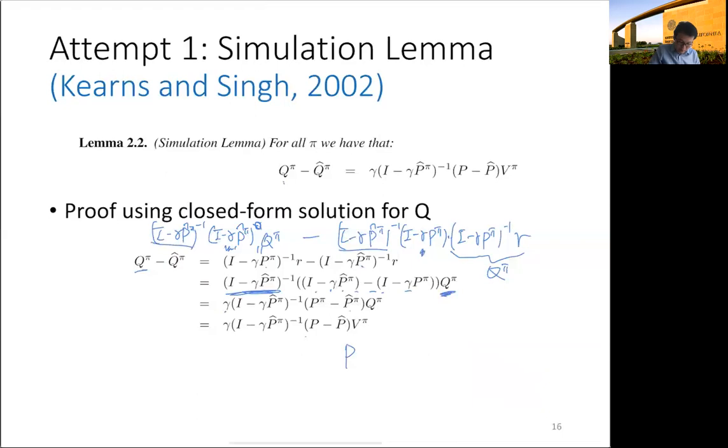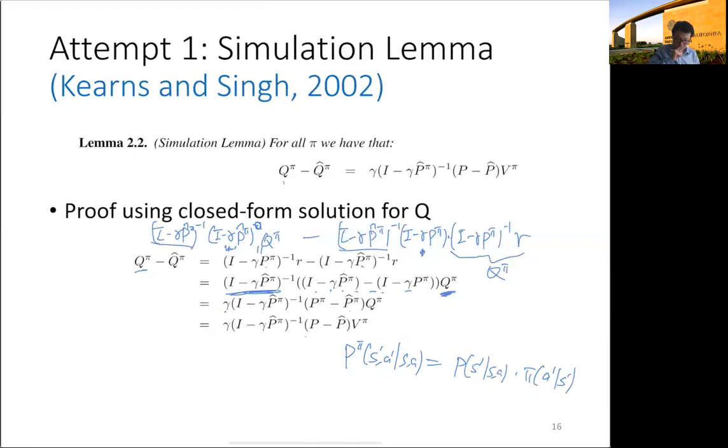P pi S prime A prime given S A is the same as P S prime given S A multiplied with pi A prime given S prime.